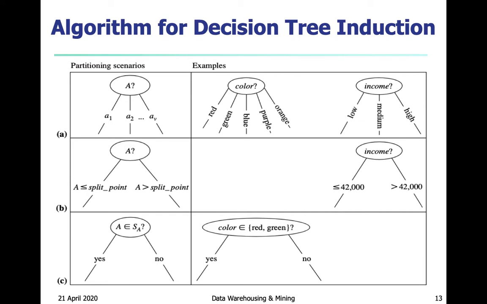If a given tuple has value aj of A, and if aj belongs to SA, then the test at node n is satisfied. So two branches are grown from n. By convention, the left branch out of n is labeled yes, so that D1 corresponds to the subset of class-labeled tuples in D that satisfy the test, and the right branch out of n is labeled no, so that D2 corresponds to the subset of class-labeled tuples from D that do not satisfy the test.